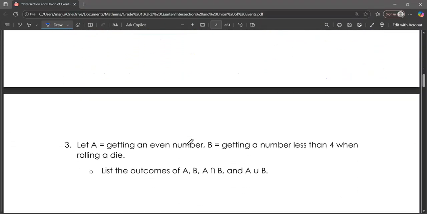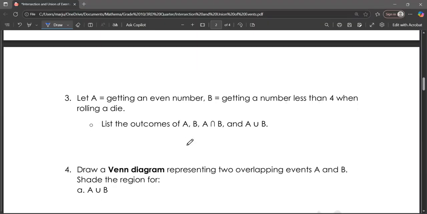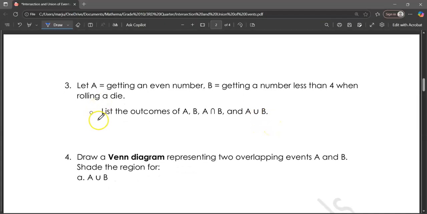Number 3, let A be getting an even number, B getting a number less than 4 when rolling a die. List the outcomes of A, B, A intersection B and A union B. So what is our A?